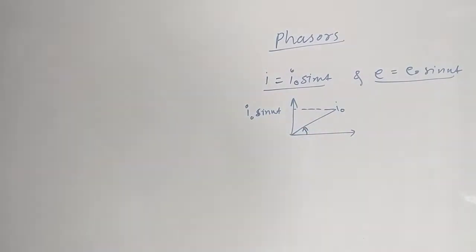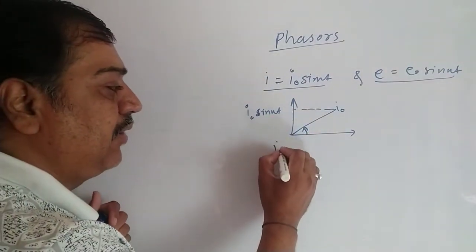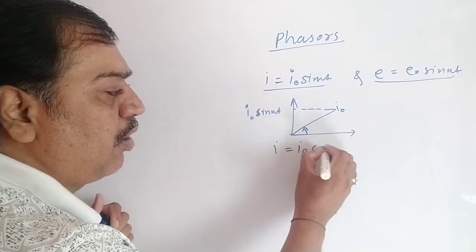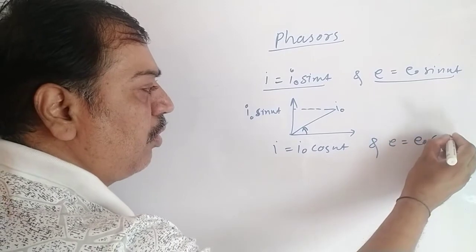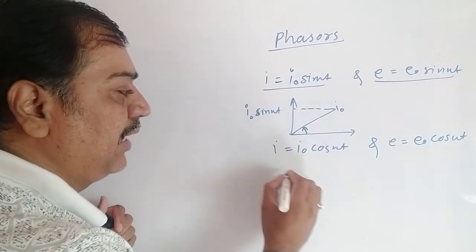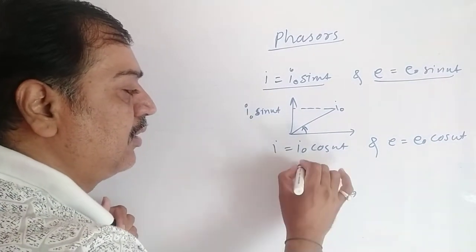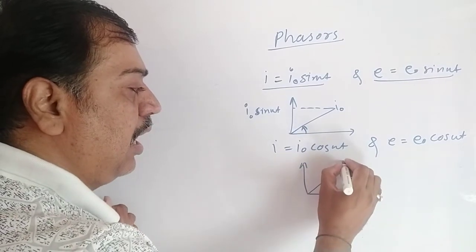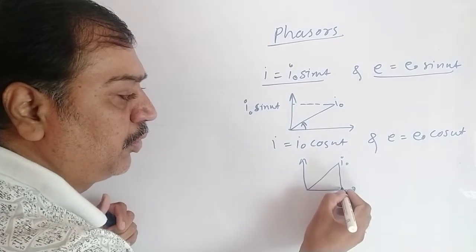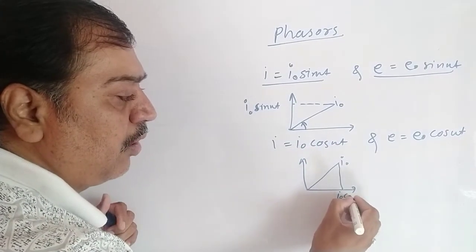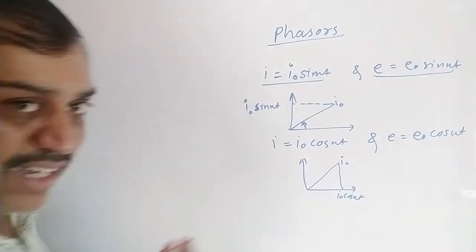There is an angle with the x-axis for this term. Similarly, instead of sine, if you take I equal to I0 cos of omega t and E equal to E0 cos of omega t, then the same diagram can be drawn like this. Again it is I0, and as it is a cos term, we take I0 cos omega t along the x-axis.